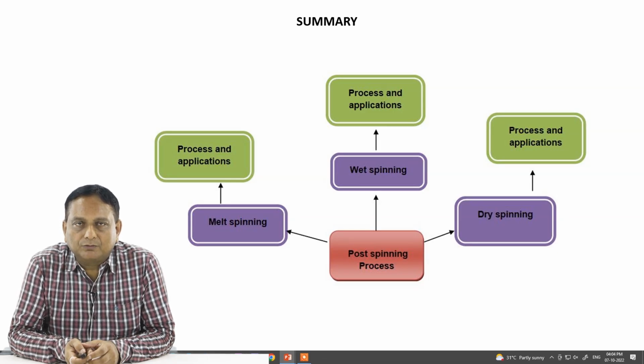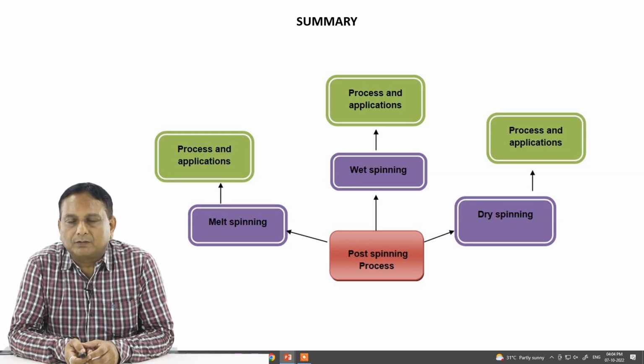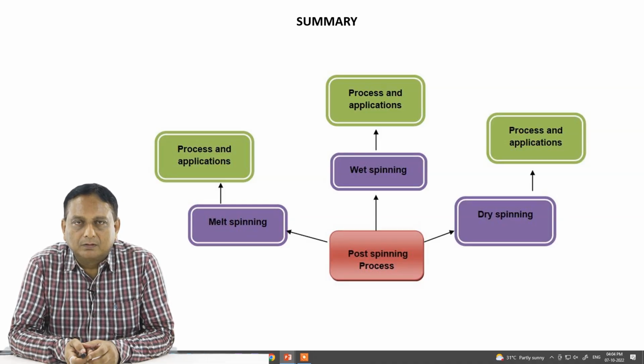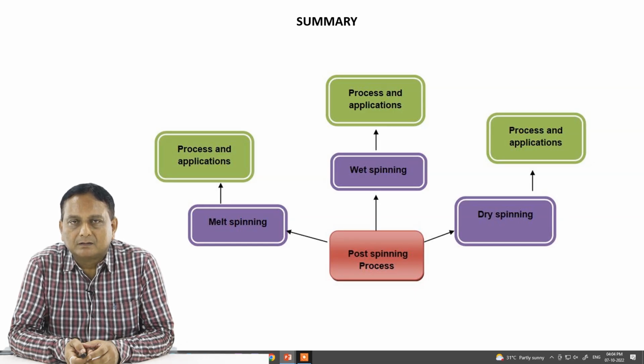So now we have come to the summary of this particular lesson. We saw the start of post-spinning processes. In that, we have seen dry spinning, the process and applications, wet spinning, the process and applications, and also melt spinning, the process and applications.